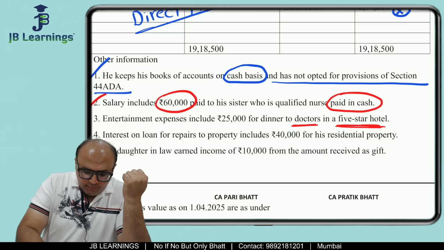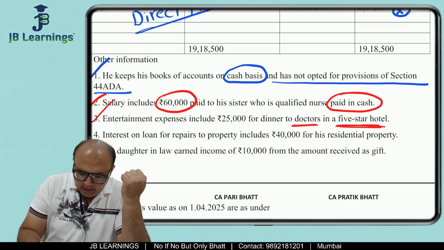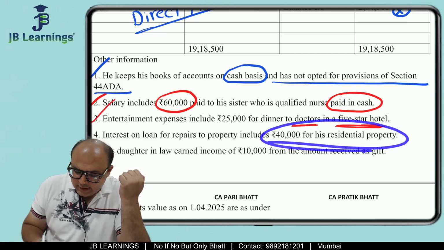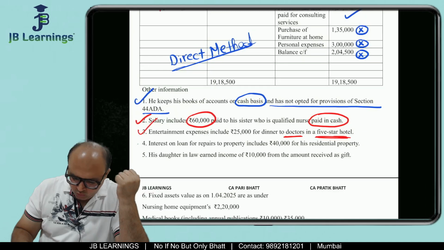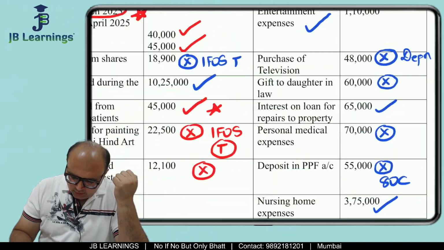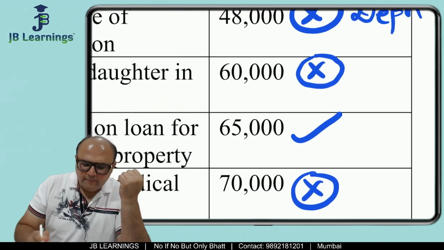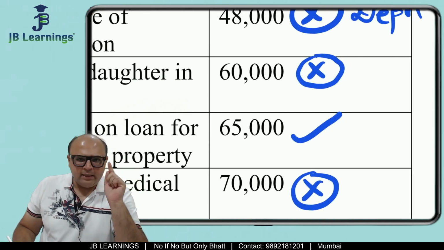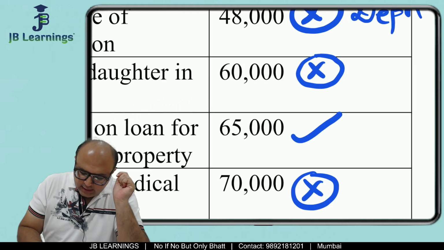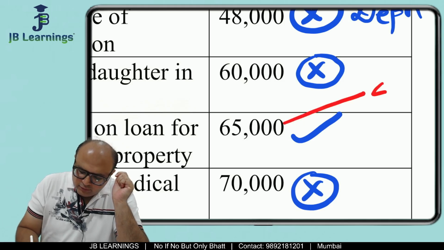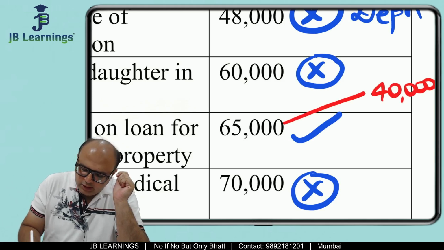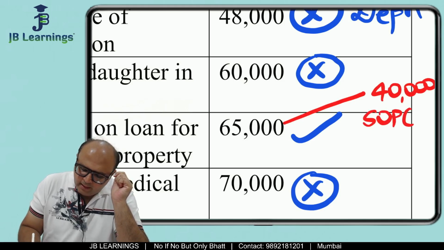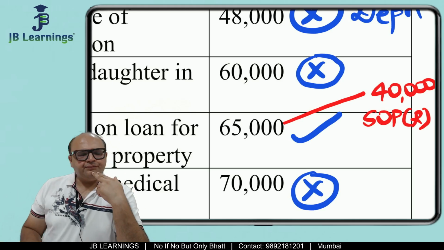Interest on loan for repairs of property: include 40,000 for residential property. Over here, 65,000 is the amount which we did tick. But now they are saying that out of 65,000, 40,000 was related to personal property.